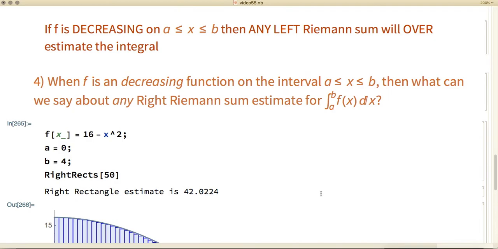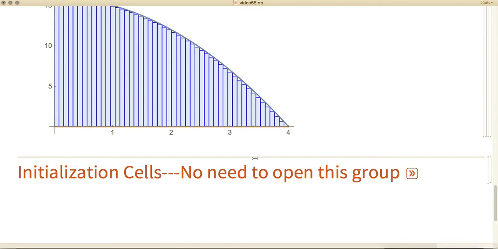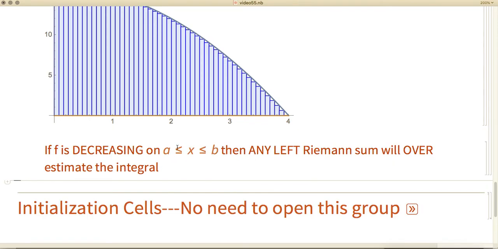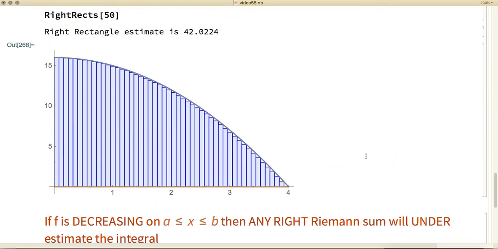More rectangles doesn't change the fact that we are missing area because the rectangles are underneath the curve. As a consequence, what we can say is that if f is decreasing on an interval, then any right Riemann sum will underestimate the integral. The basic thing that I want you to do is think in terms of this. My basic advice on trying to figure out whether you've got an overestimate or an underestimate is to draw the picture.